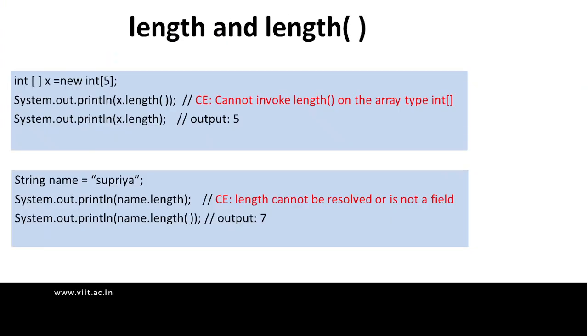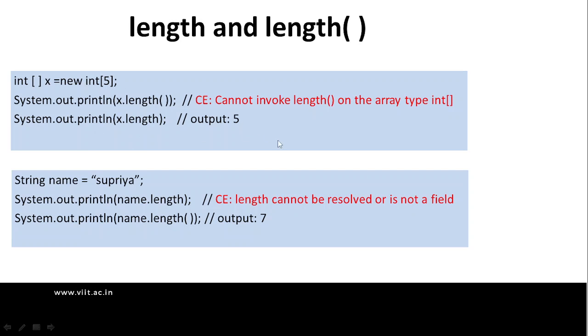The length parameter we have already used: array.length gives the total elements in the array. For example, integer x array equal to new integer of 5, total size 5, so System.out.println x.length. If you try x.length() it will not work, the second statement will get executed, because length is not a function, length is just an operator.